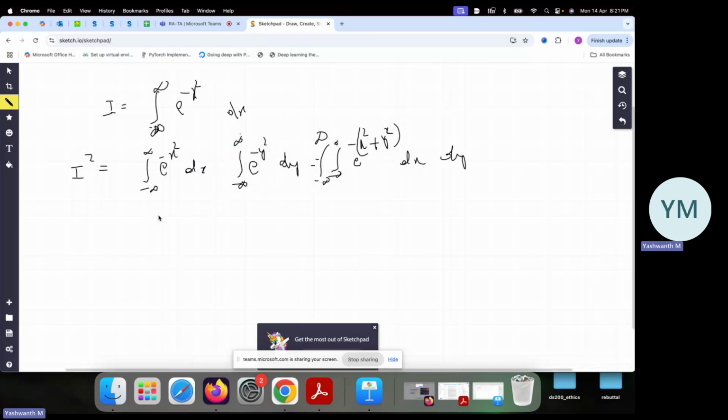So let's substitute x as r sine theta, y is r cos theta.